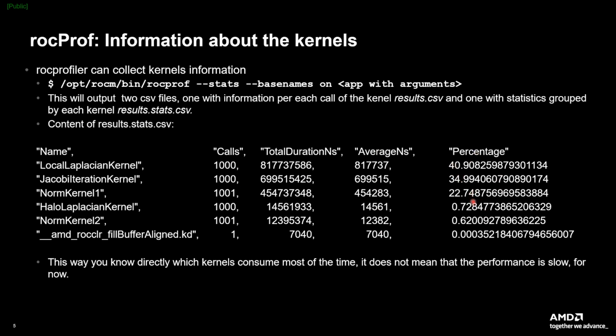So for example, if you have a slow kernel, but it takes 0.000% of the application, you don't really care to try to tune it. You care to see what the bigger kernels are. Of course, something smaller can still be slow, so that's when it's extra to check it. This way, you know directly which kernels consume most of the time. It doesn't mean that the performance is low for now, right? That gives us the time information.